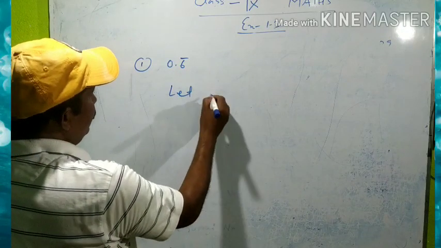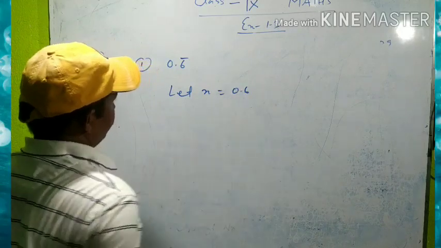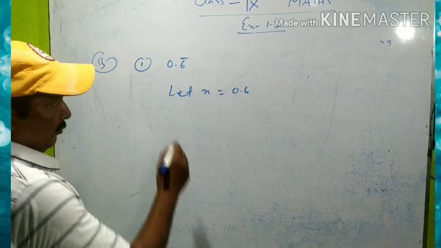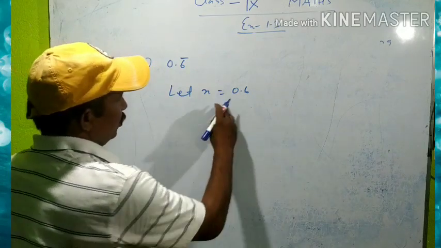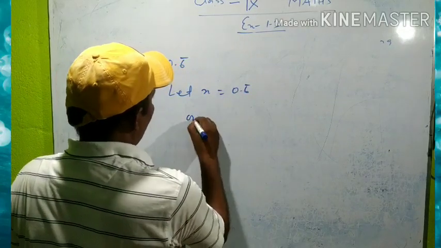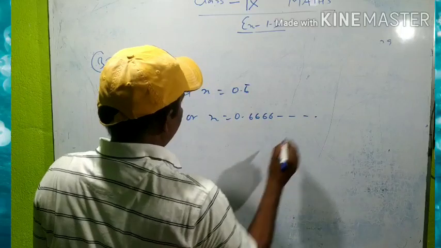Let x is equal to 0.6 repeating. Suppose x is a rational number here. So let x is equal to 0.6 repeating, or x is equal to 0.666 like that.